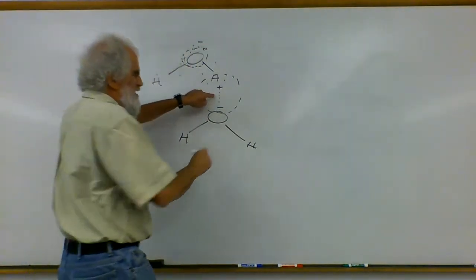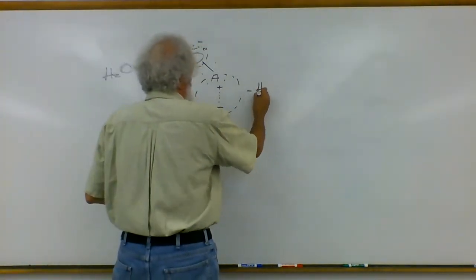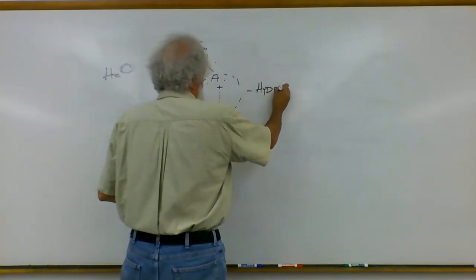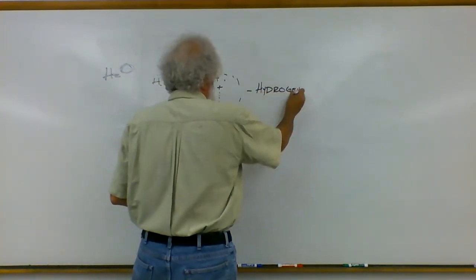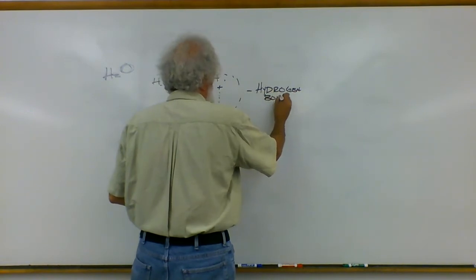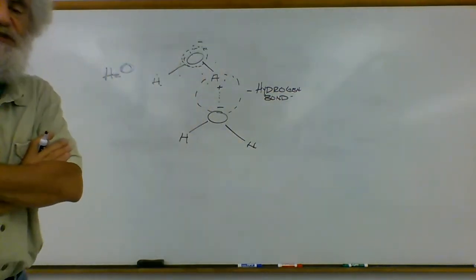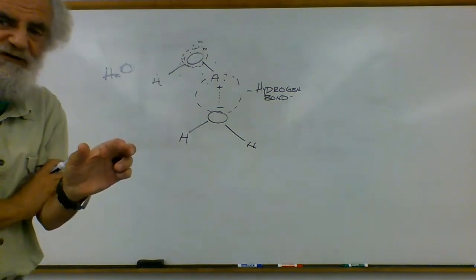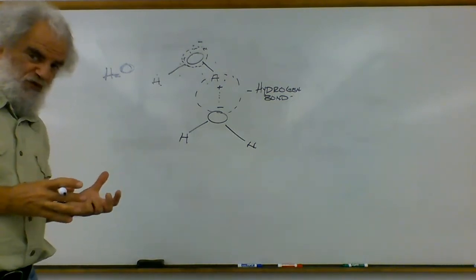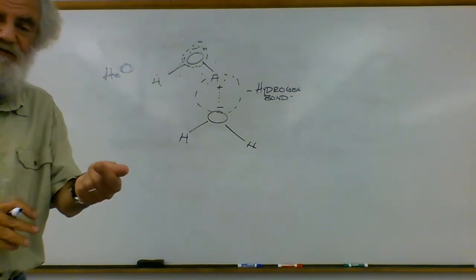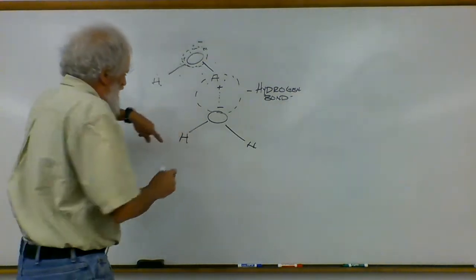And that interaction is what we call a hydrogen bond. So a hydrogen bond forms whenever we have an oxygen pulling the electrons away and then a hydrogen that ends up having a slight charge.